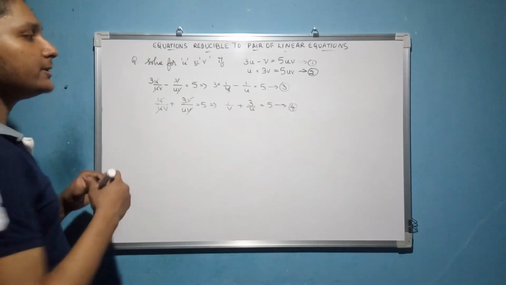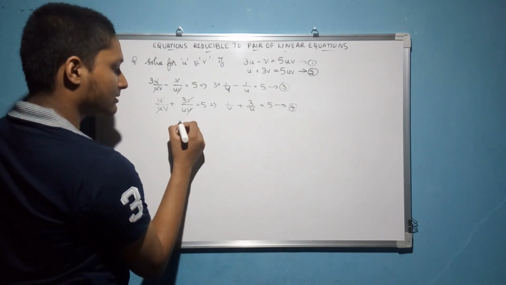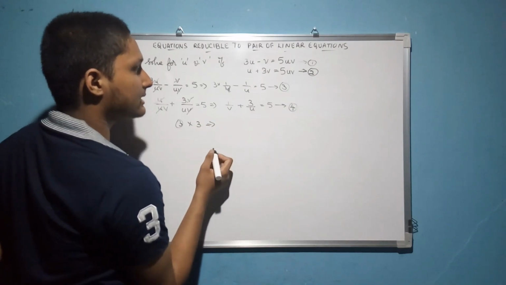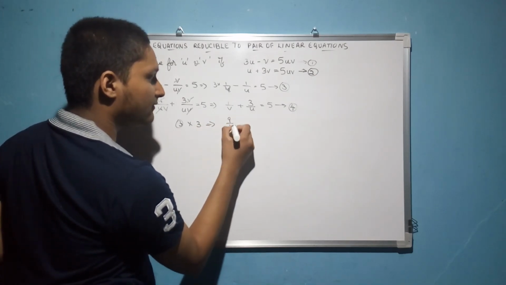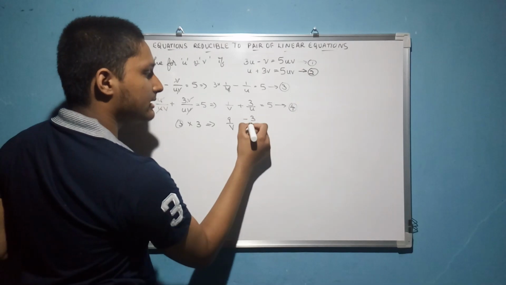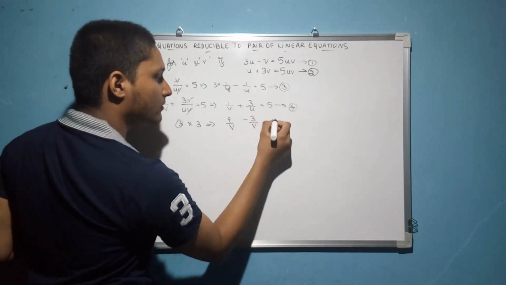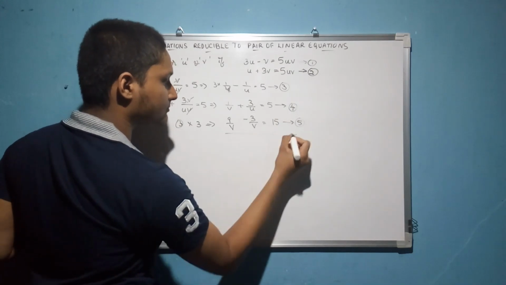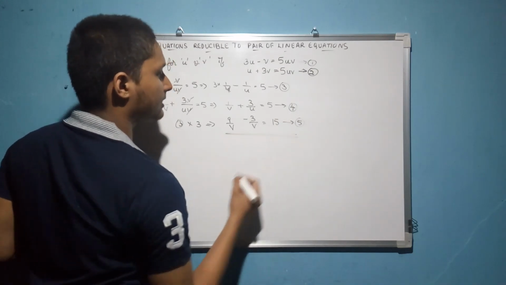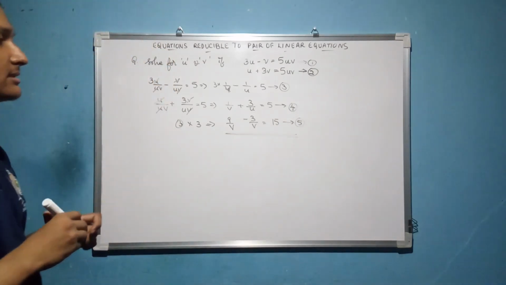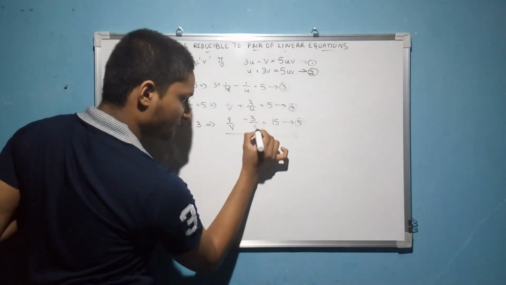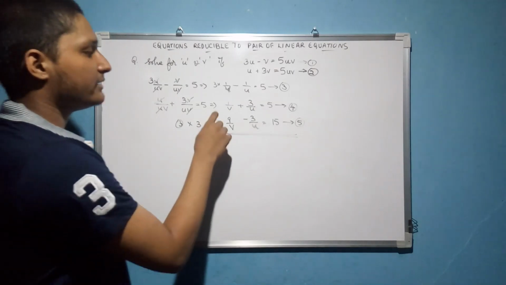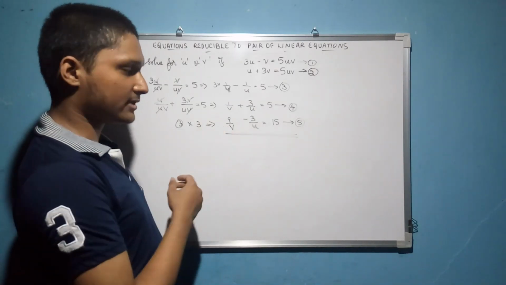For that I'm going to multiply the third equation by 3. If I multiply the third equation by 3, it is going to be 9 by v minus 3 by u is equal to 15. Okay, that is the fifth equation. So you have 1 by v, 9 by v. That is not for elimination.